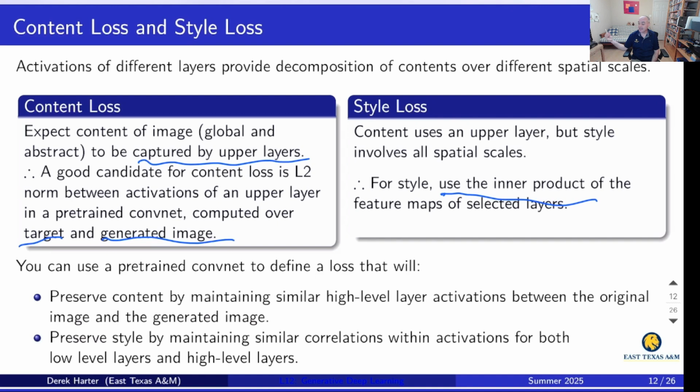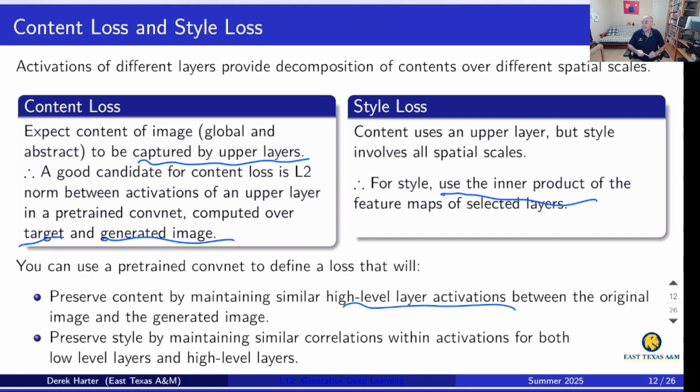To summarize, you can use a pre-trained convolutional network to define a loss function that we can minimize, in this case, that will preserve content by maintaining similar high-level activations between the image whose content we want and our generated image, right? So we'll just select some high-level layer and compare their activations using an L2 norm.